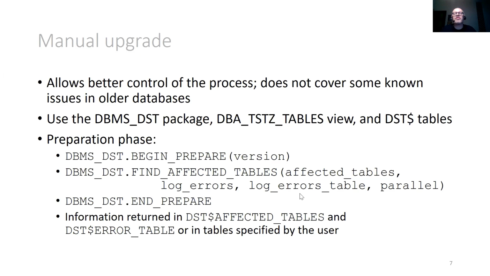In the preparation phase, you start by calling the BEGIN_PREPARE procedure in the DBMS_DST package, and you pass the version of the time zone file to which you want to upgrade. So you have this extra control over the process: you can specify a version that is lower than the newest one installed in Oracle Home.